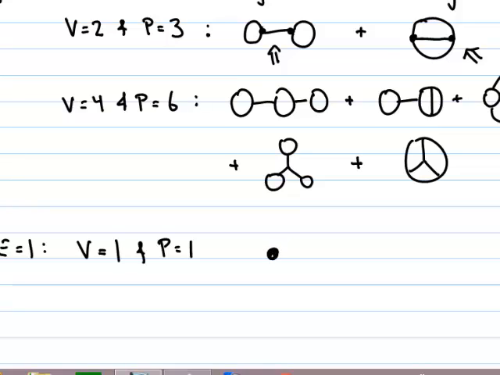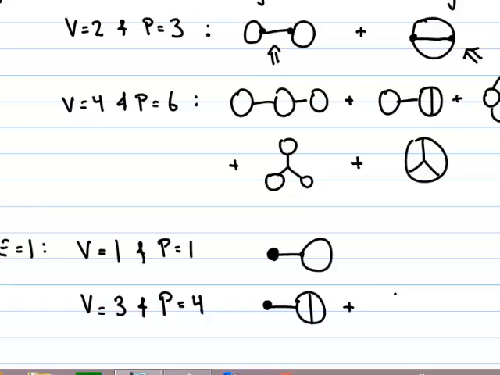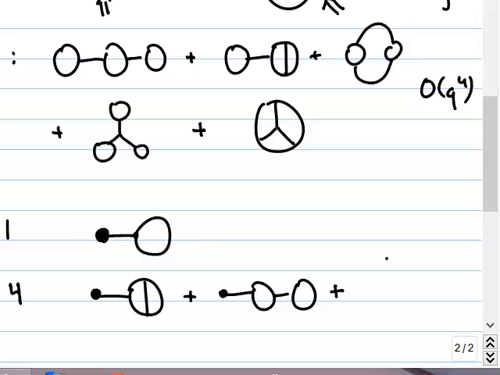So you'll have one external vertex, which is a J, connected to a vertex with a propagator connected to itself. The next contribution will be at V equal to 3 and P equal to 4, 9 minus 8 being equal to 1. And you'll have a contribution that looks like this, and another contribution that looks like this, and another contribution that looks like this.